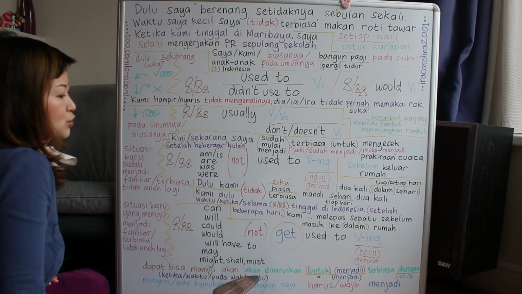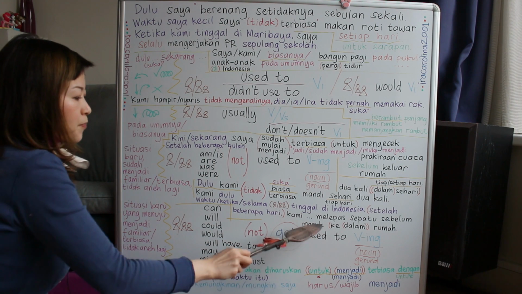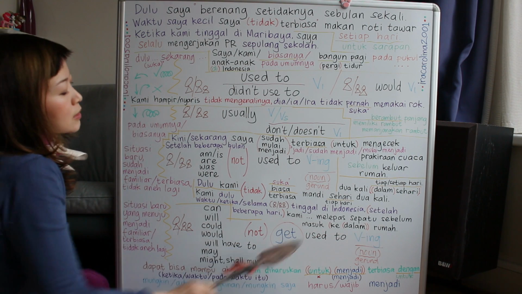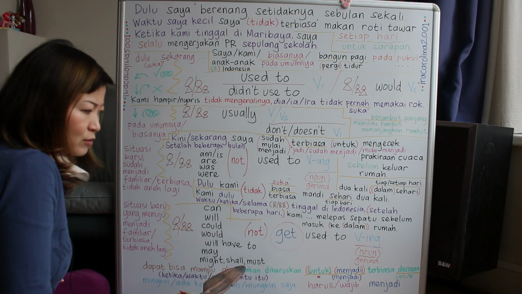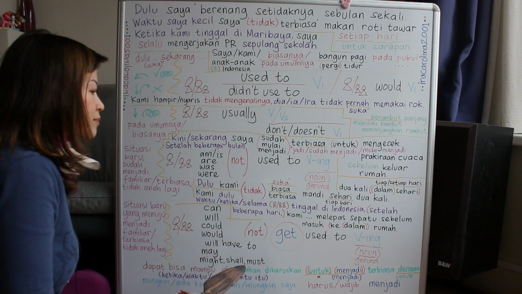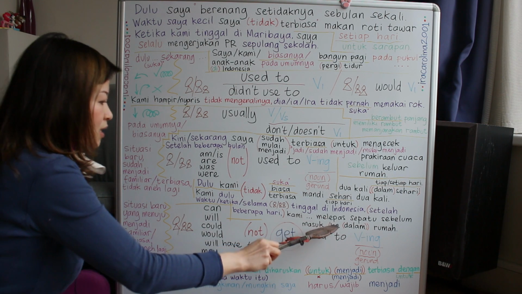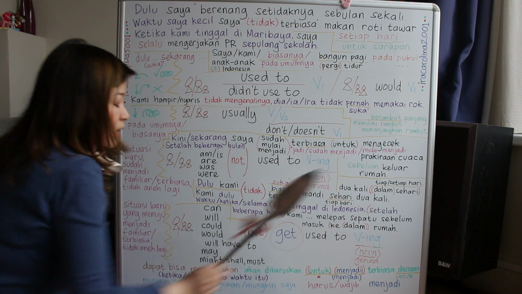Rumah, house. Or you use masuk ke dalam rumah. Ke is to, dalam is in or inside. Or you just say masuk ke rumah, enter to house.